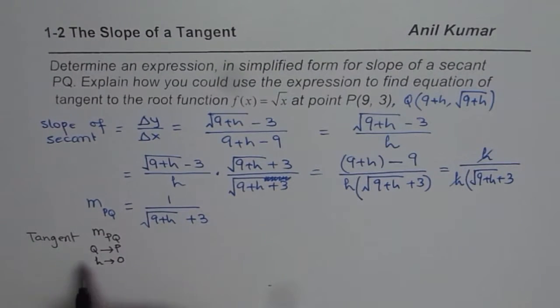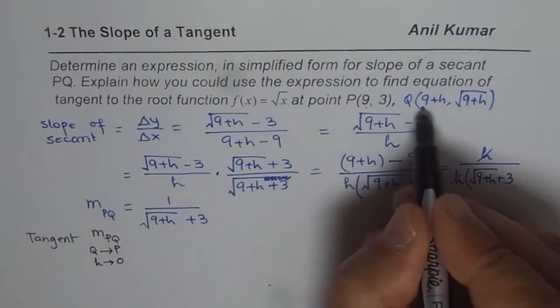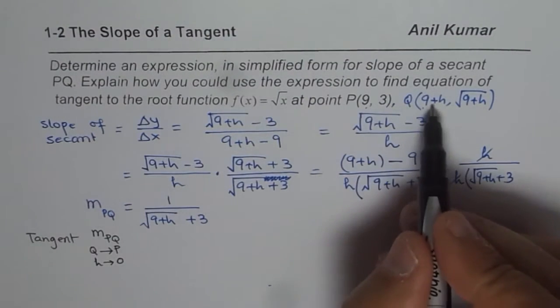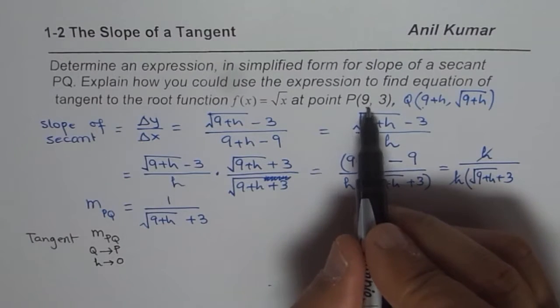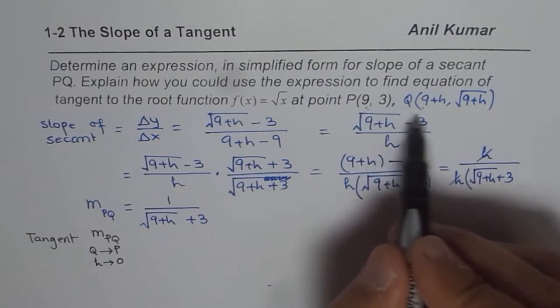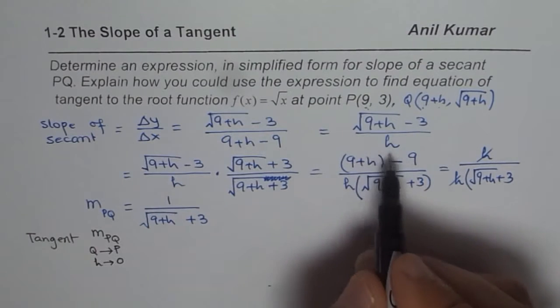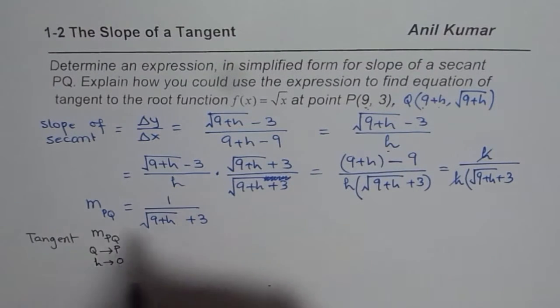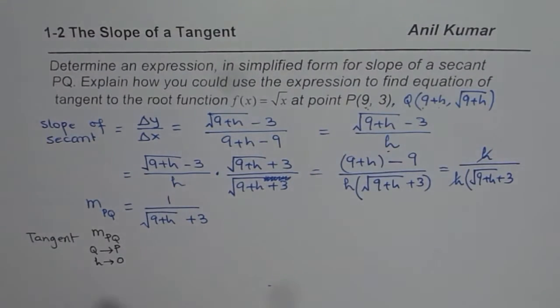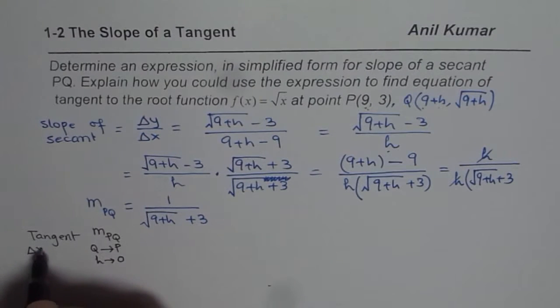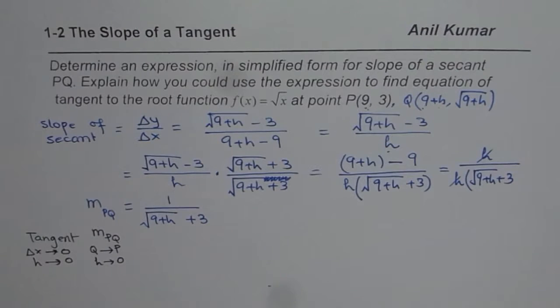So the difference in their x values is negligible. At present, the difference in their x values is 9 plus h minus 9, which is h, which you divide by delta x. So delta x approaches 0, which is h for us approaching 0. That is the whole concept.